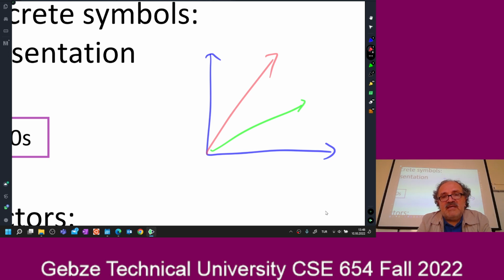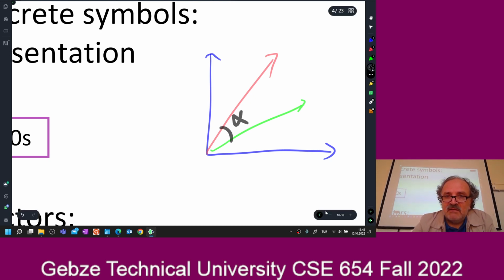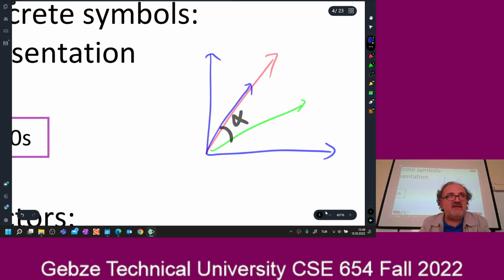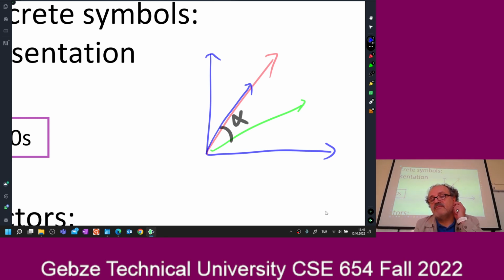There are many things that you can do to measure the similarity. One of them is this. We like to measure this angle. The similarity between these two vectors is the angle between them. So that means what? This red vector and this blue vector are very similar because the angle between them is 0.